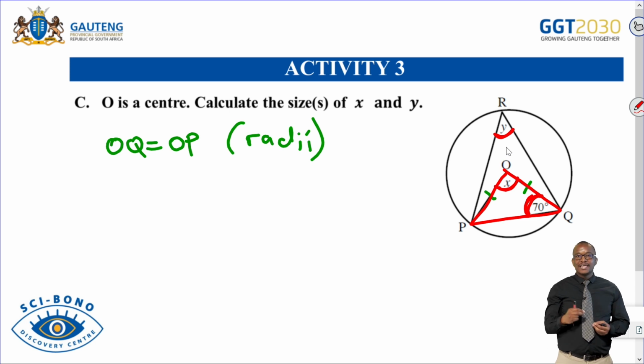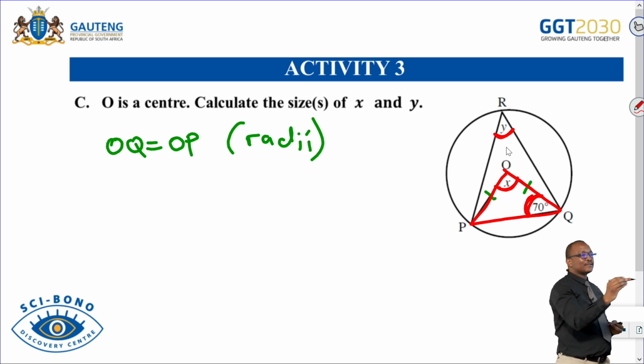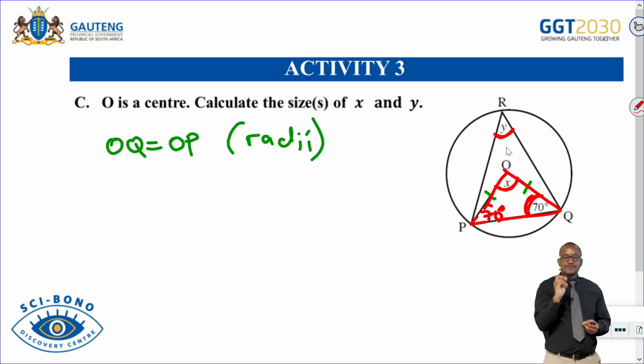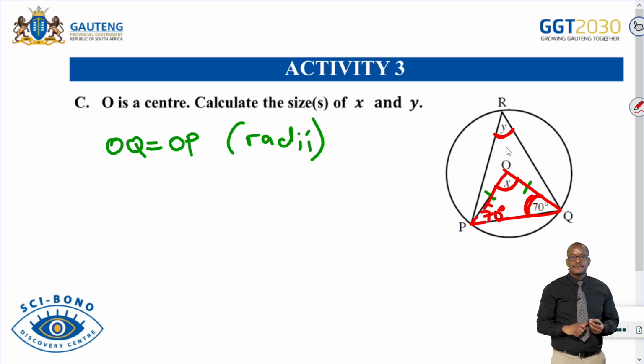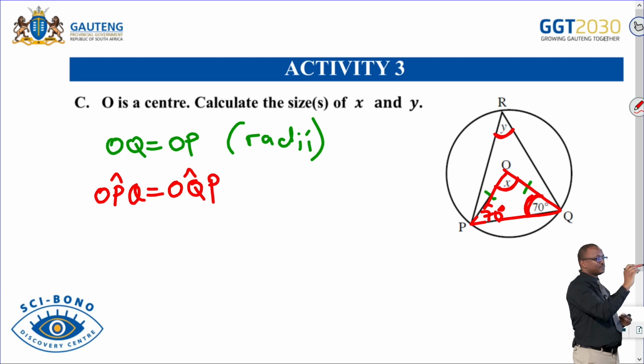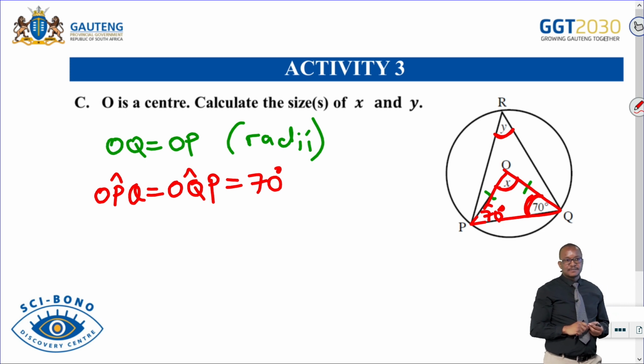Now, how do I get x? I know that my P is going to be 70 degrees as well. But we need to give a reason. Why are we saying P is 70 degrees? Remember, angle OPQ is equal to angle OQP. They are both 70 degrees.